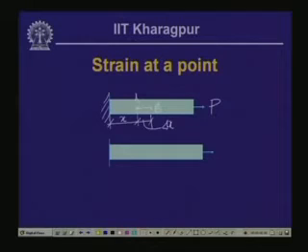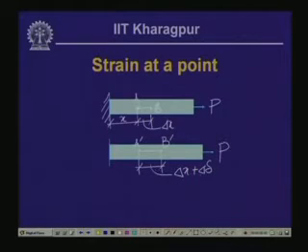Now, when this bar is subjected to pull P, the fiber also is stretched or deforms, and let us assume that this is the stretched fiber which was originally delta x. Let us say this is A dashed B dashed, and the length of this stretched fiber is delta x plus del delta.